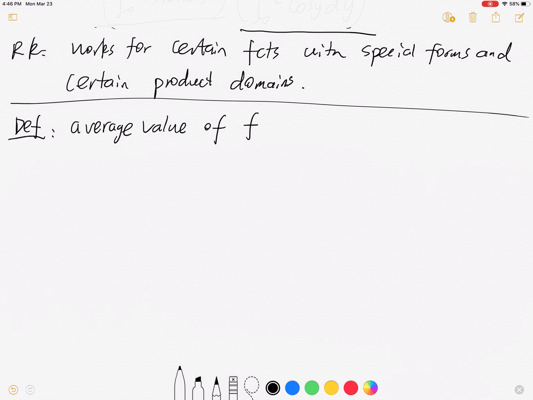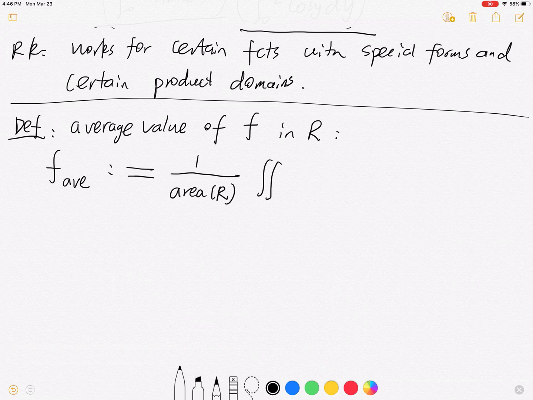It's called the average value of some function in a certain region. So by definition, this is given by 1 over the area times the integral.